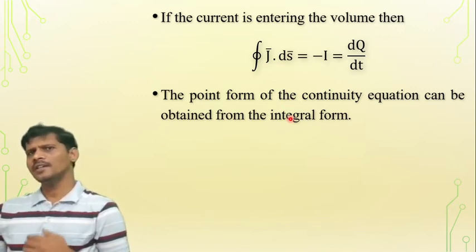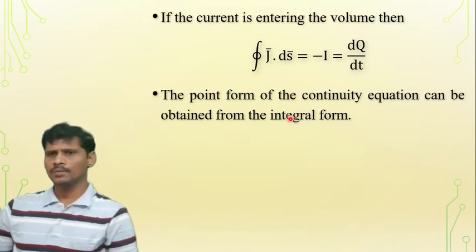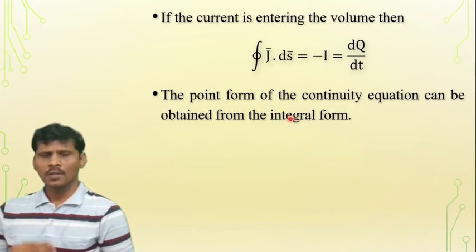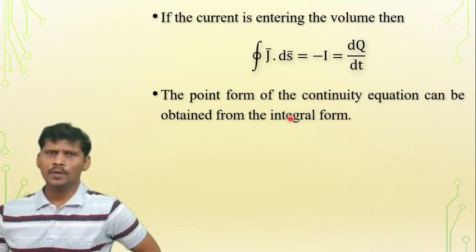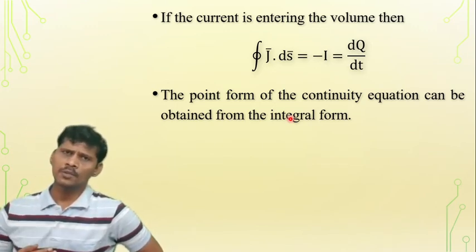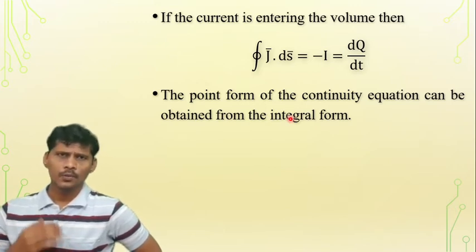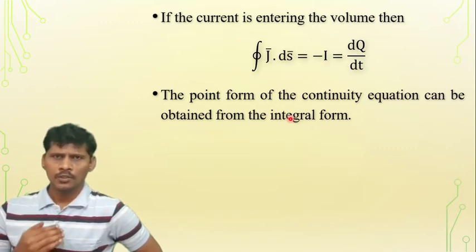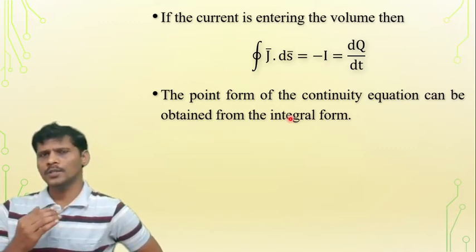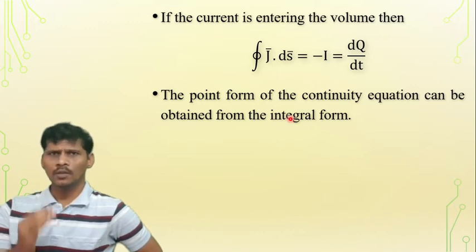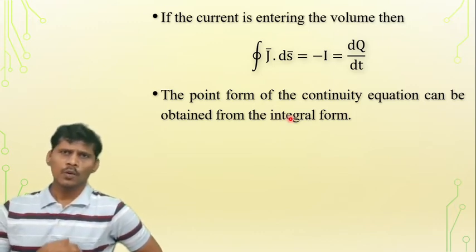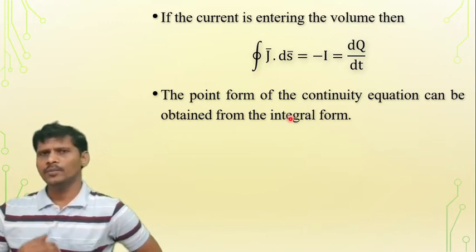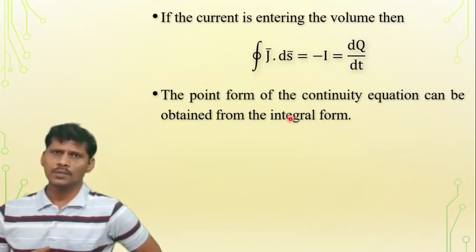Next, calculate the differential form or point form of the continuity equation of the current from the integral form using the divergence theorem. Using the divergence theorem, the closed surface integral will be converted to the open volume integral, and we can determine the point form of the continuity equation.